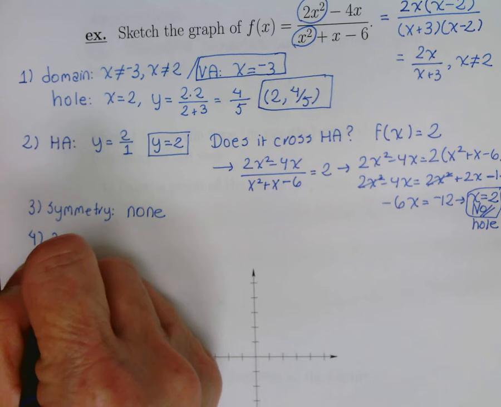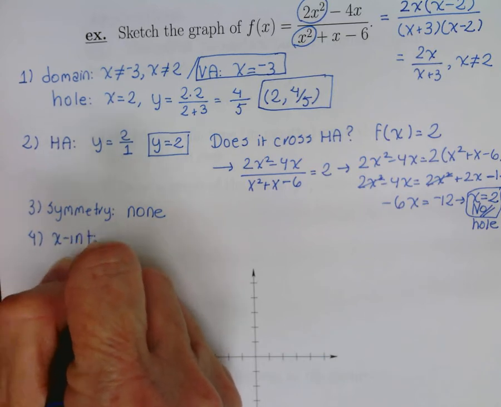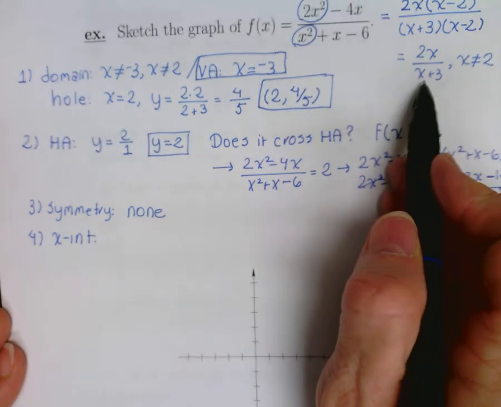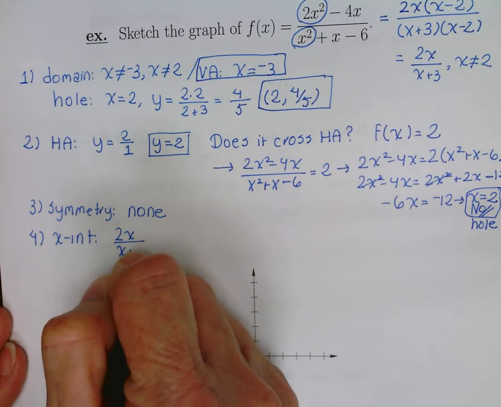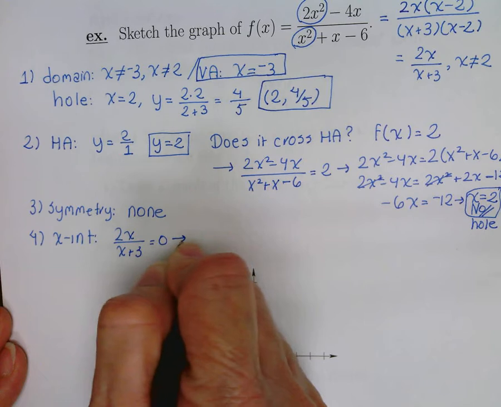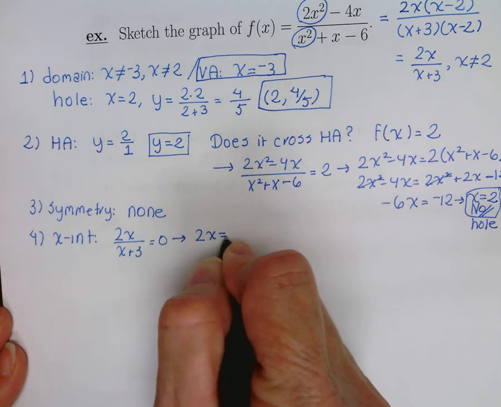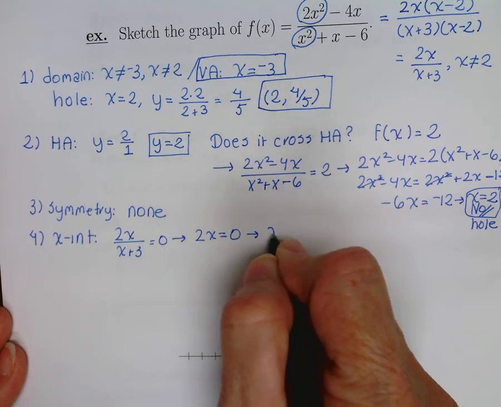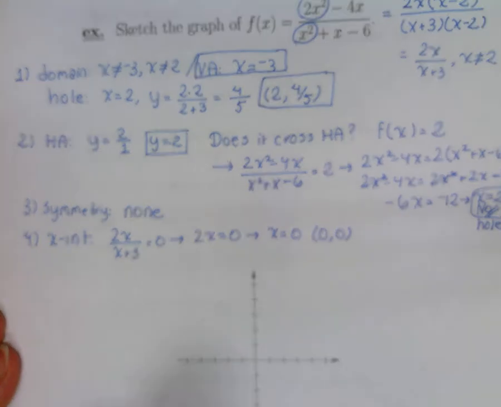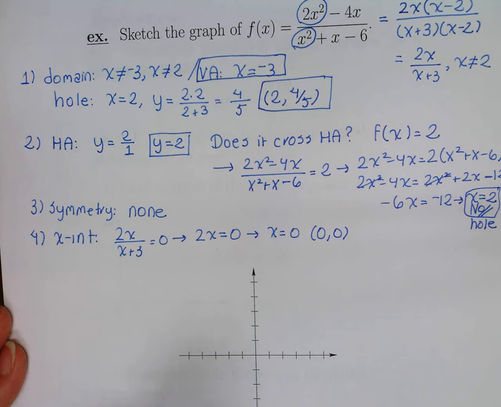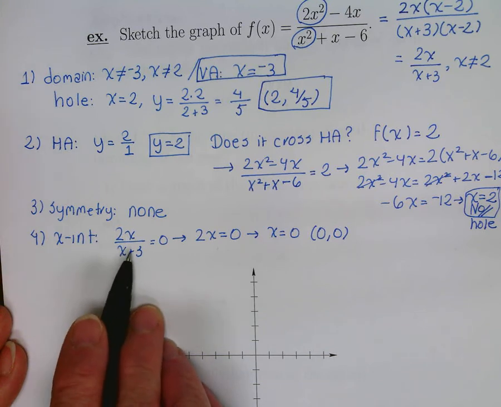Oh, I forgot the intercepts. X-intercept. Now we can use the simplified form. So 2x over x plus 3 equals 0. That's where the numerator is equal to 0, and so x equals 0. And also we can see that if we plug in 0 for x, we get y equals 0.